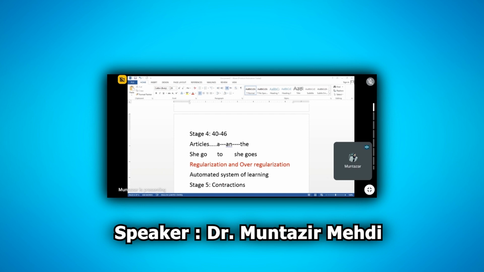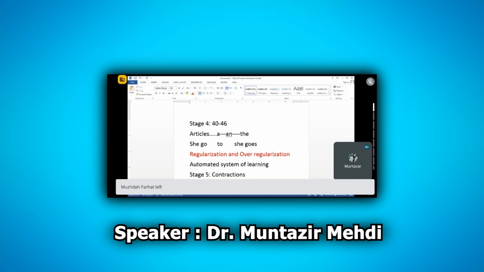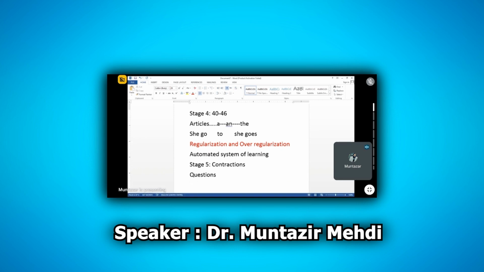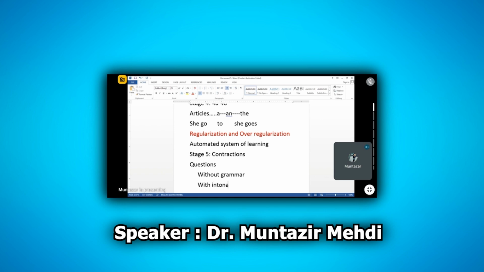Now we are just going to talk about 2 aspects. Number 1 is mean length unit. This is something very important to understand. Let me write here: contractions. Questions. What is there in questions? There are further 3 stages: without grammar, with intonation, and third one is with grammar.